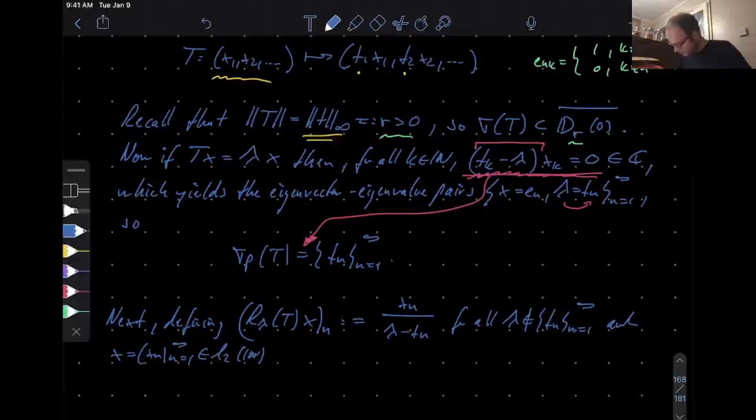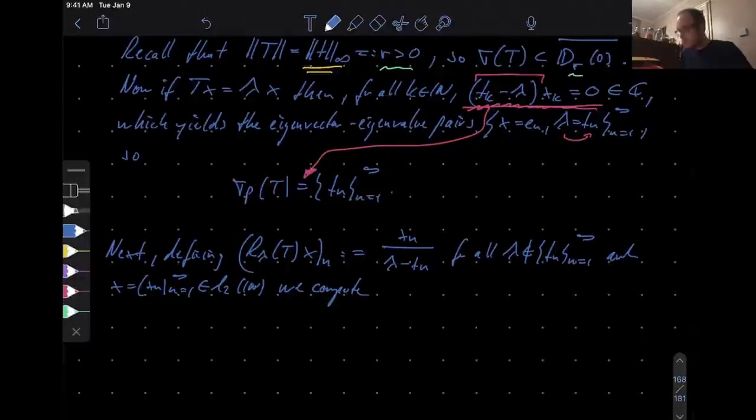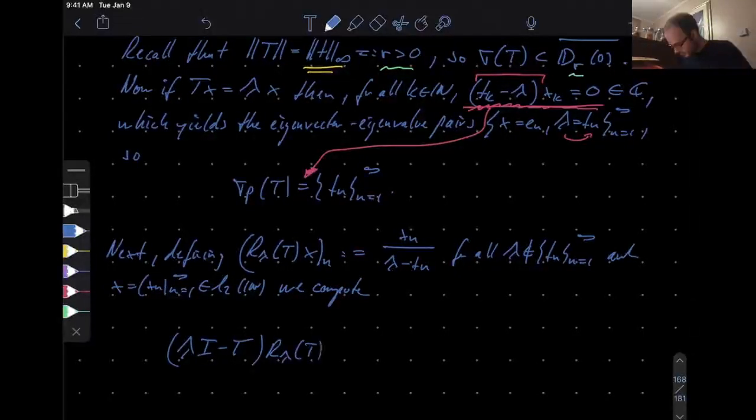Okay, so next we compute. That's an easy computation. That's the check that this thing does what I wanted it to do. So if you compose R_lambda(T) with this, I claim, maybe let's write the claim and then I will explain why it is true. R_lambda(T) times (lambda I minus T).